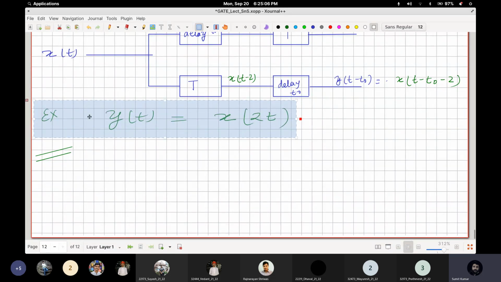Time variant. It will be time variant. Yes.